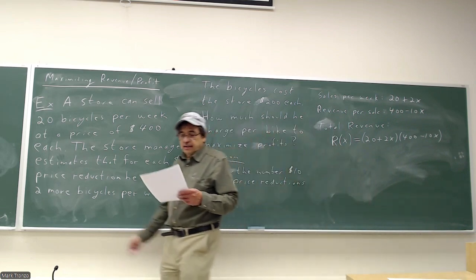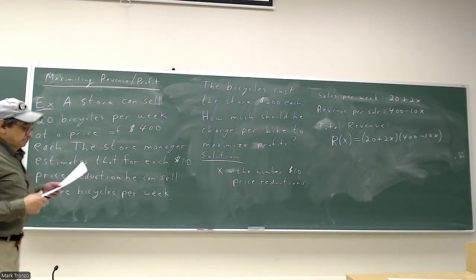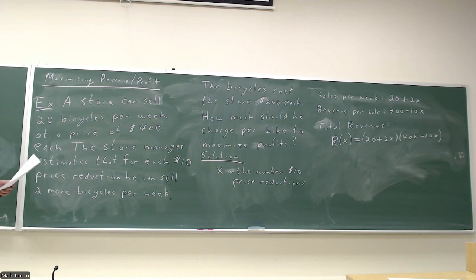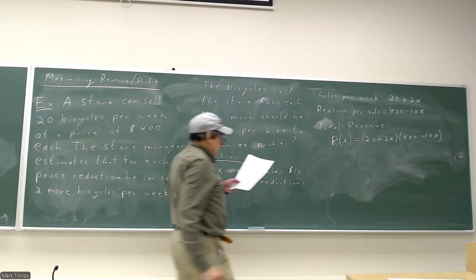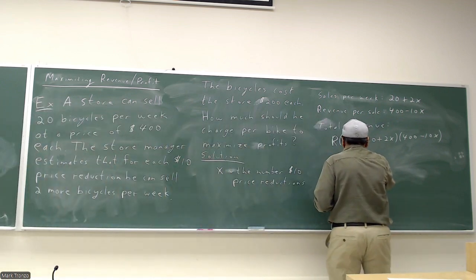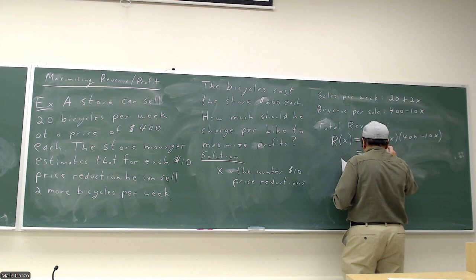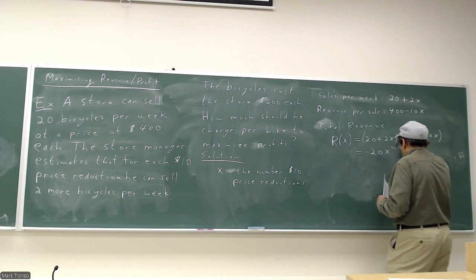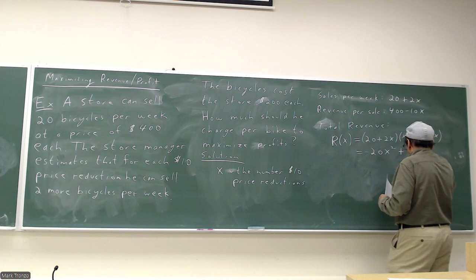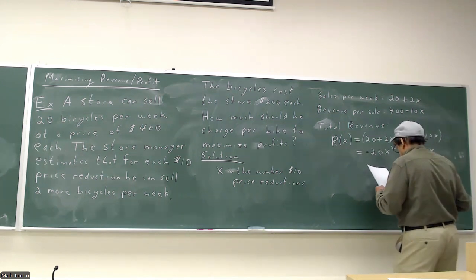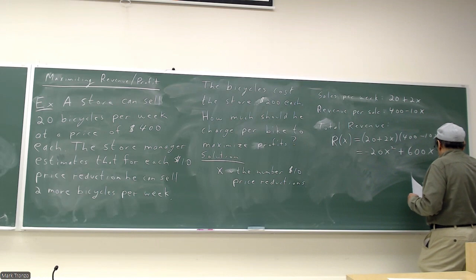And again, if you go ahead and multiply those out and rearrange things, add things together, you end up with negative 20x squared plus 600x plus 8,000.